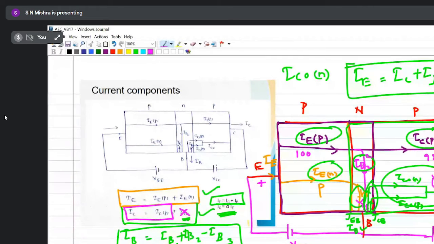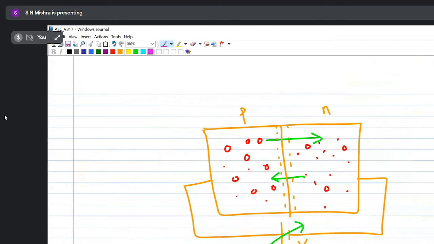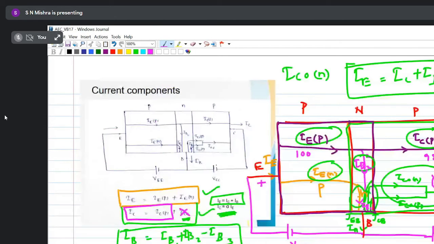So what is IC? You see this, IC equals what? IC due to hole plus ICO. If ICO is not there, then IC will be equal to only the holes which are traveling from emitter to collector. Yes or no? You see this equation.